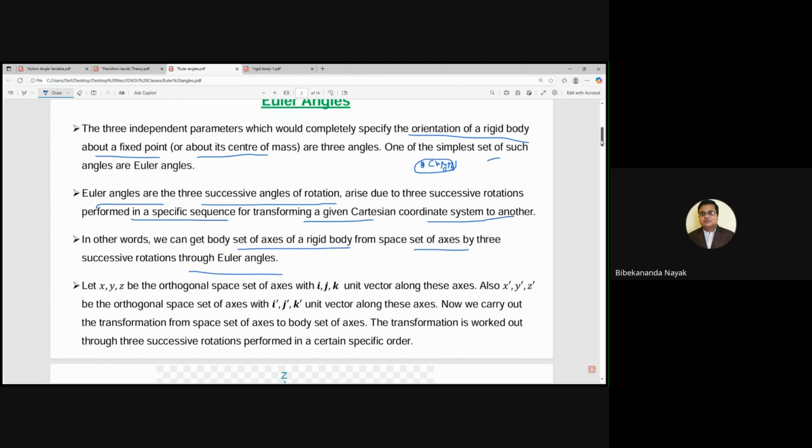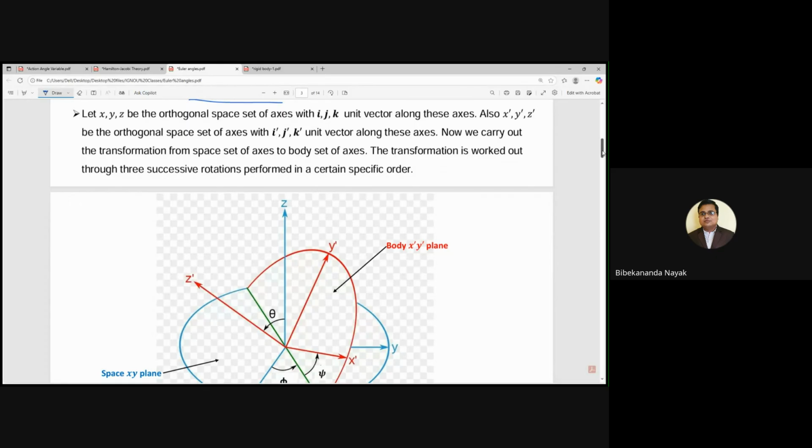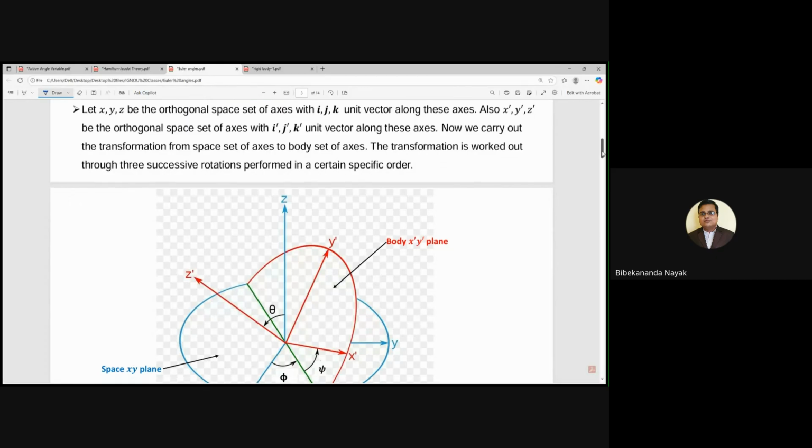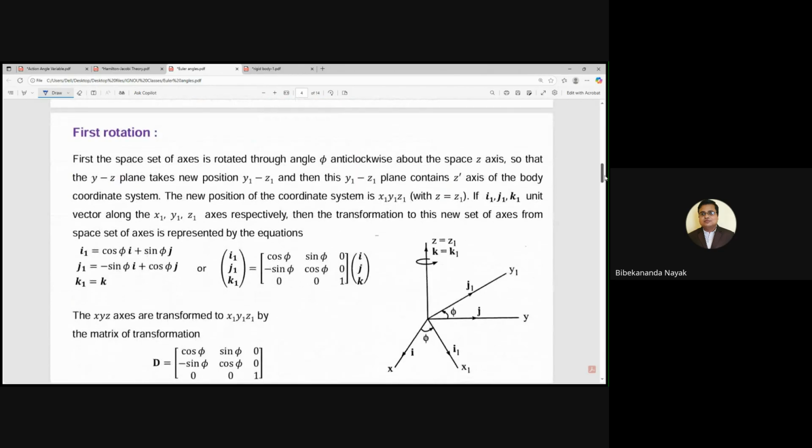It is a process. For this, let x, y, z be the orthogonal space set of axes with unit vectors i cap, j cap, k cap in space. For the body, we take x prime, y prime, z prime, whose unit vectors are i prime cap, j prime cap and k prime cap. And you take 3 rotations.